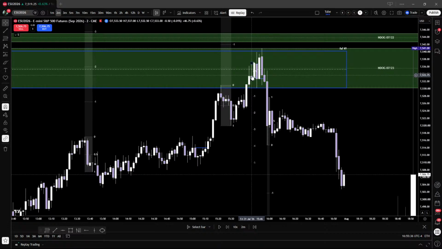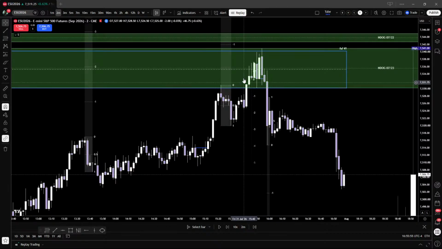Sometimes the first top gets swept by the second one. That's what happened here. Sometimes there is the first top, and then the second top doesn't even sweep the high of the first top.